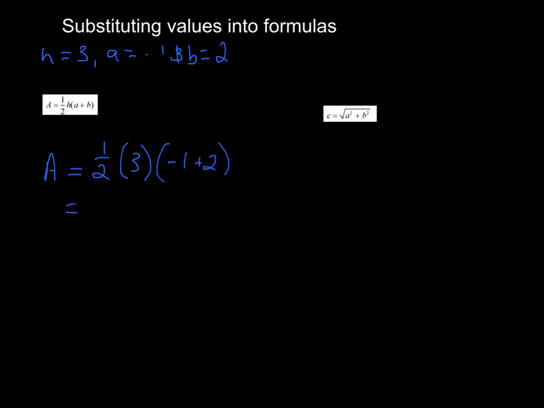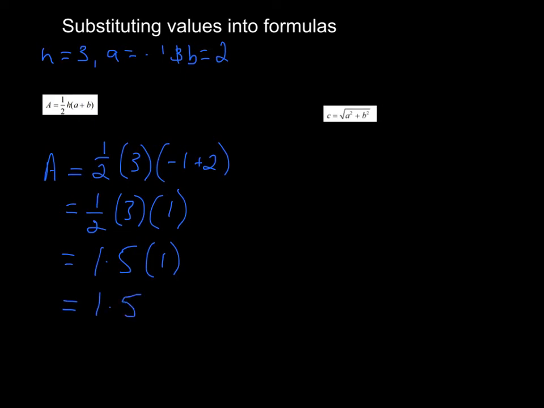Okay, so we have a half multiplied by 3. I'm going to do the brackets first. Minus 1 plus 2 is 1. A half times 3 is 1.5. That's still multiplied by 1, so the answer is 1.5.